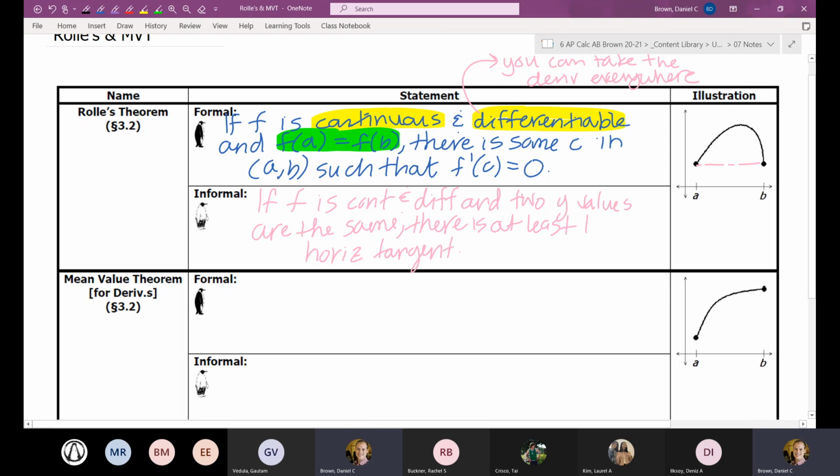And I think that makes sense when you think about what a graph has to look like. If a graph is continuous and differentiable, there are no jumps in it, no holes in it, no sharp turns in it.